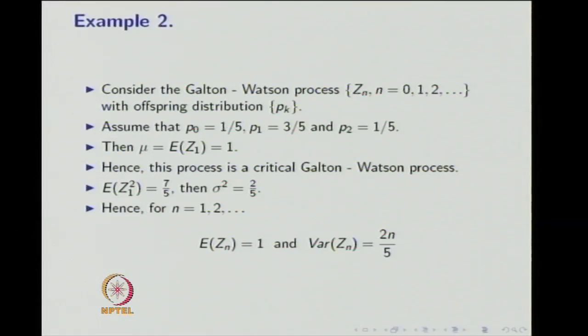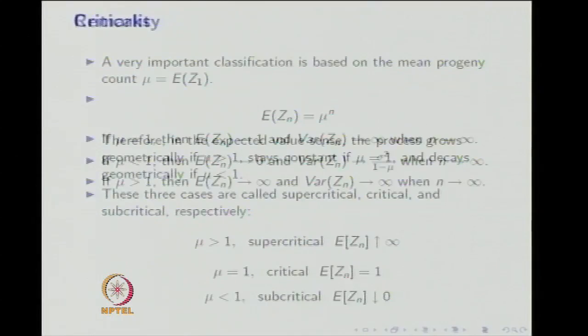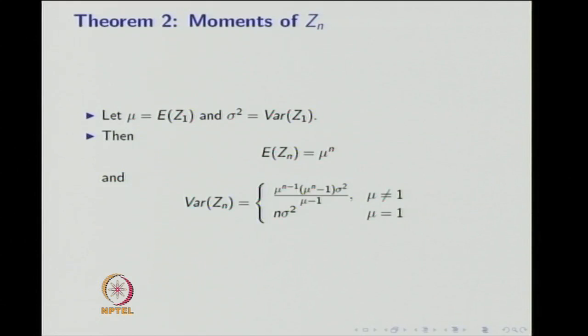You can find out the variance of Z1 also. First, you find out expectation of Z1 square, that will be 7 by 5. Hence, variance equals expectation of Z1 square minus expectation of Z1 whole square, that will be 2 by 5. Since you know mu and sigma square, using theorem 1, you can find out the first and second order moments of Zn, expectation of Zn and variance of Zn.